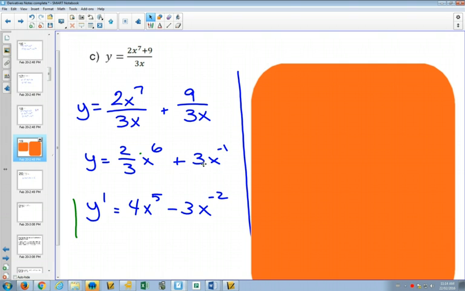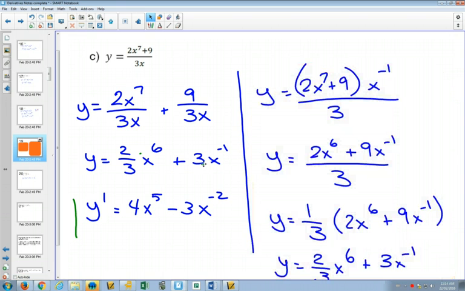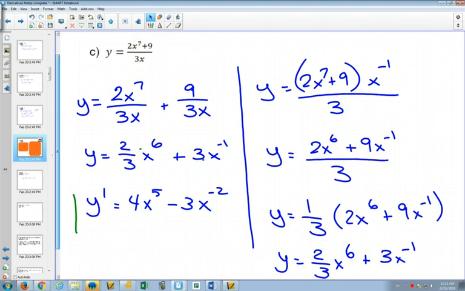A second method to solve this whole thing is you could move that x to the minus 1 up to the top to begin with. So I have the x in my denominator, and all I did was say, well, that x in the denominator, I can move it up as an x to the minus 1, and then I can distribute that x to the minus 1 to each one. That still gives me my 2x to the 6 and my 9x to the minus 1.